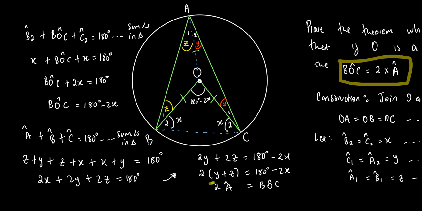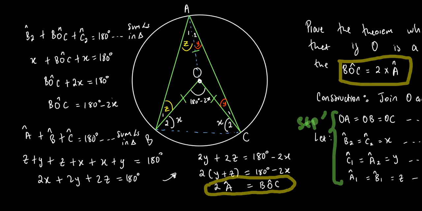So this part is what we look for. This part is a standard procedure. So I'm simply going to say this one is the standard procedure, and it is always your step number 1. Your step number 2 is simply to make BOC the subject. So that will be your step number 2, is to make the one in the question the subject.